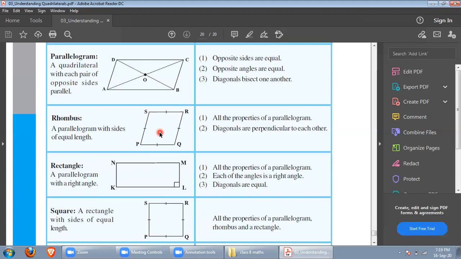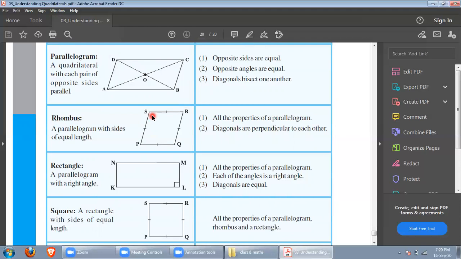So, since this is a parallelogram again, the opposite sides are parallel. PQ parallel to RS, PQ equal to RS, SP parallel to QR, SP equal to QR. Since this is also a parallelogram, the opposite sides are parallel as well as equal in length.